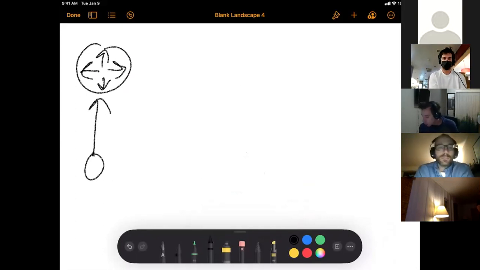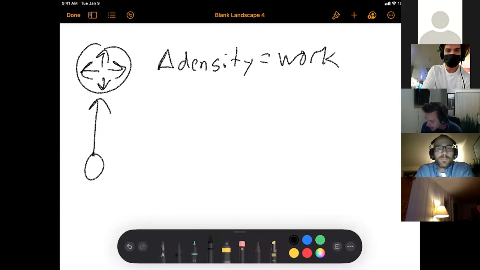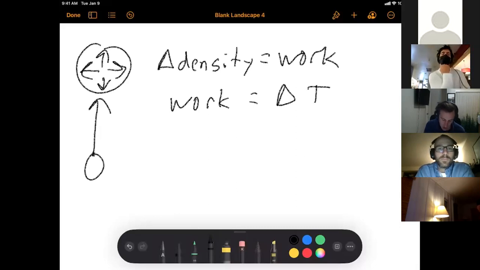And when you expand, when you change your density, it takes a certain amount of work. So we can talk about this change in density equaling work, okay? And anytime you have work that occurs, it happens because of a change in temperature. And sorry, this delta here means a change in, okay?